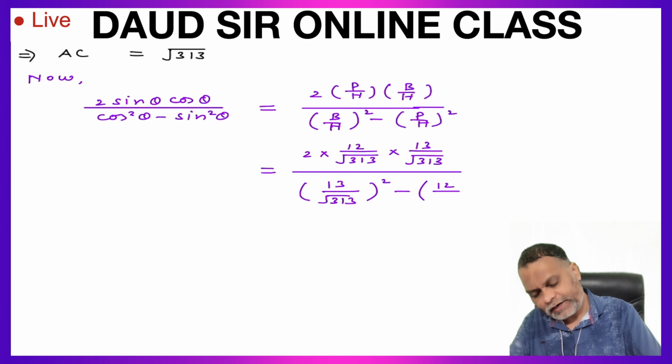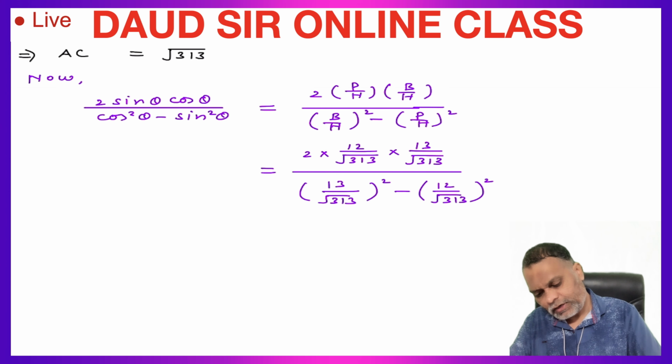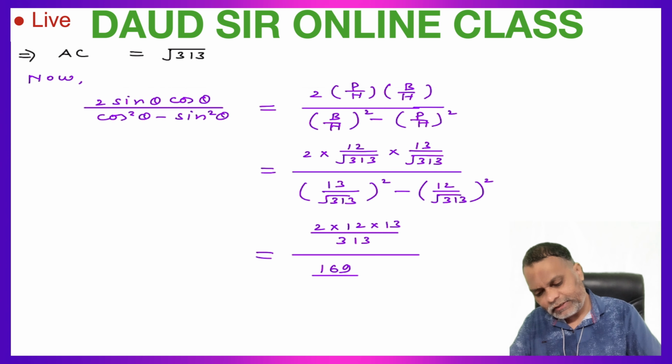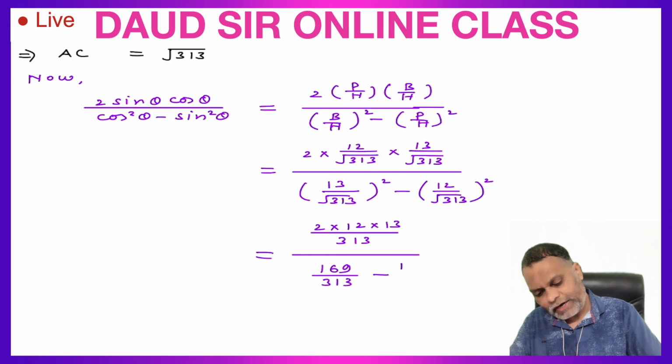So perpendicular 12 and hypo under root 313 square, which is equal to 2 into 12 into 13 upon under root 313 into under root 313, that is 313 only. And in the denominator, 13 square is 169 upon 313, under root 313 square is 313, minus 12 square 144 upon under root 313 square 313.